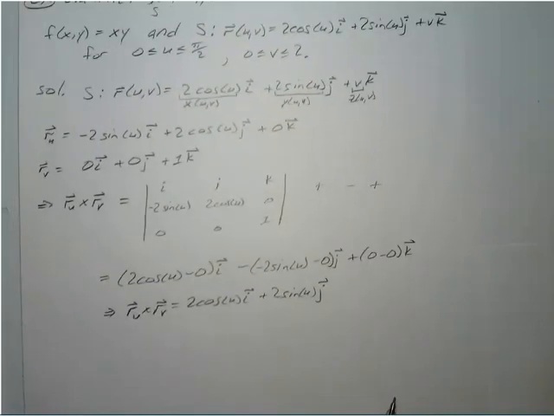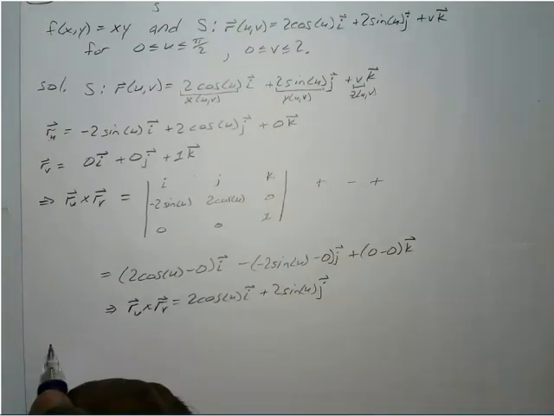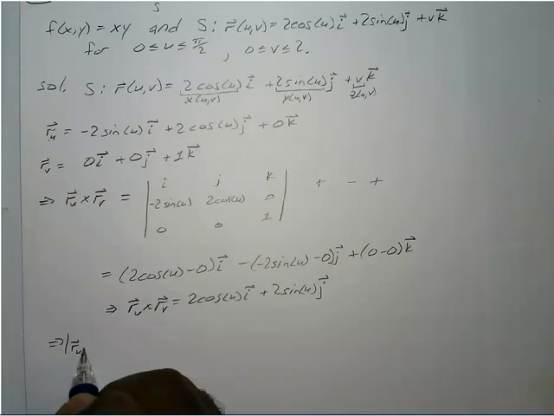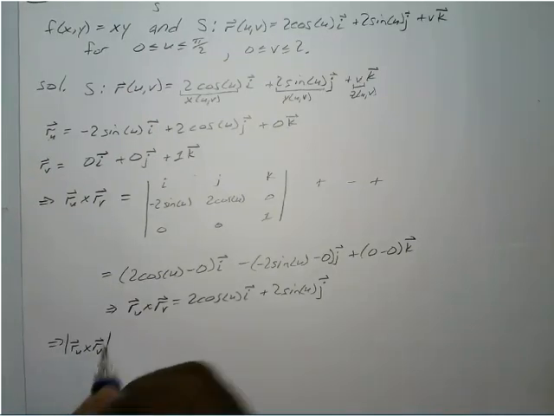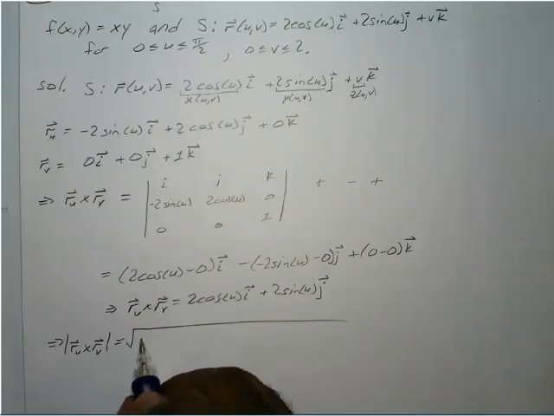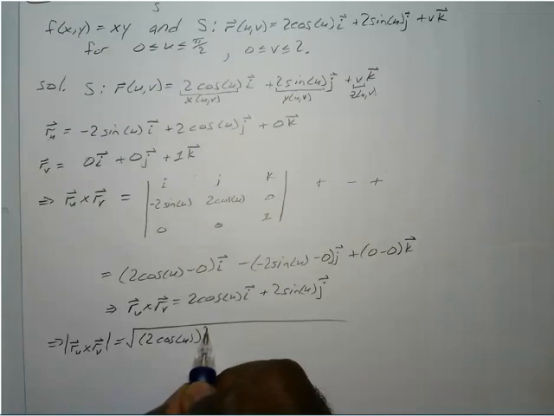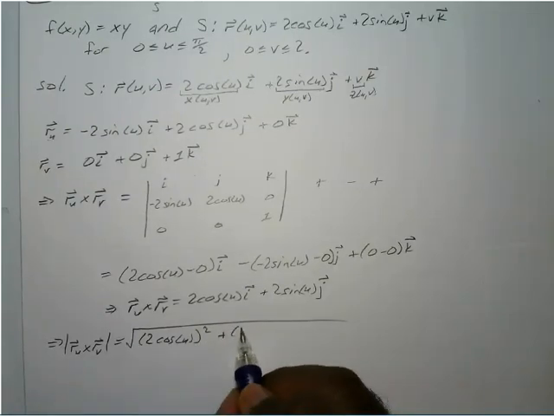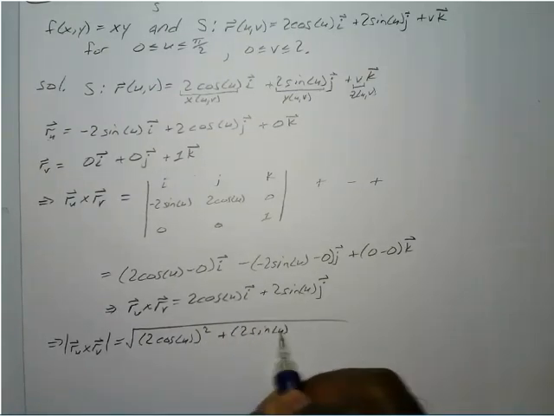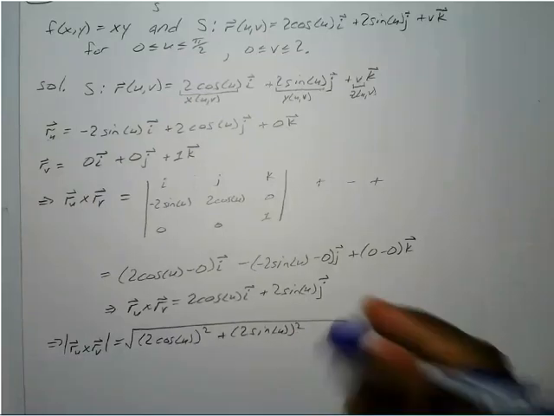Because when you find the magnitude of the cross product, that's just equal to the square root of the first term. So that's 2 cosine of U squared plus 2 sine of U squared.